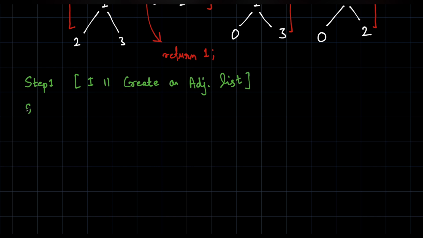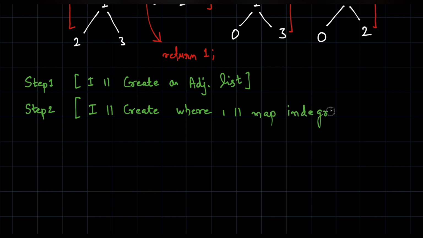Step second, I will create an array where I'll map in-degrees. In-degree means how many incoming nodes there are.